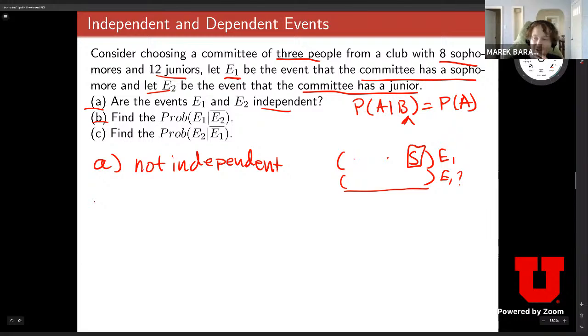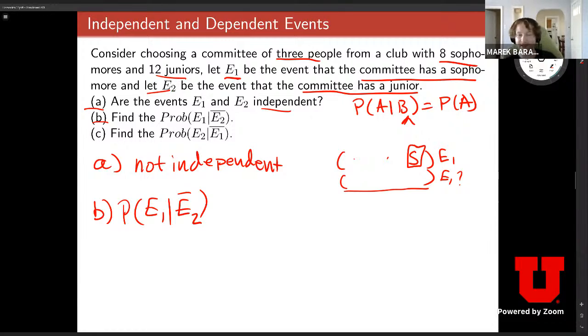Any questions on that while I move on? If it's a little confusing, just think about it. The point of this problem is to help you build your intuition about independence.